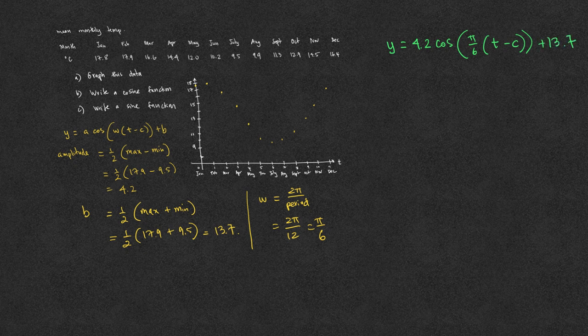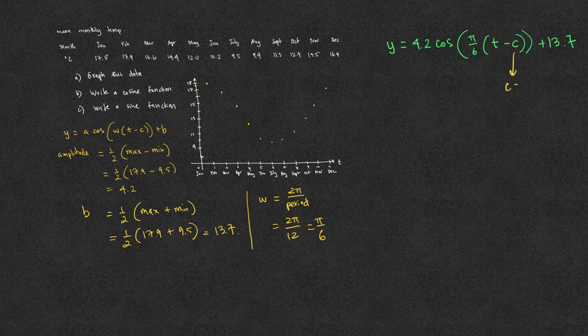We still need to find the horizontal shift, but remember, the graph of cosine should start at high, and so when t equals 0, that should be where the graph starts, but it looks like it is shifted to the right 1 unit, and so c equals 1.